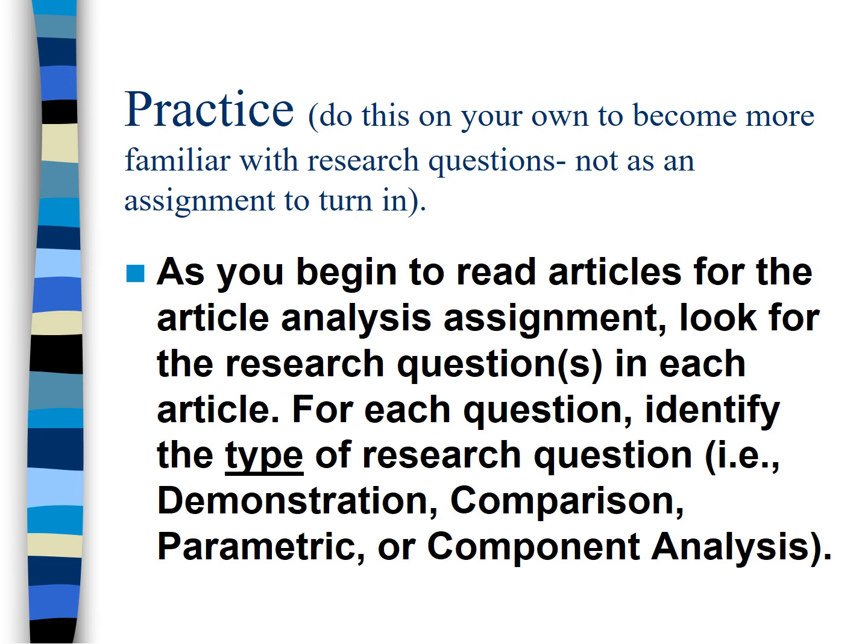And what I'd like you to do, this isn't something that you're going to be turning in, but in the article analysis assignment, when people start selecting articles, they typically want to find review articles. Review articles are when an author has looked at a bunch of studies and they analyze across studies.